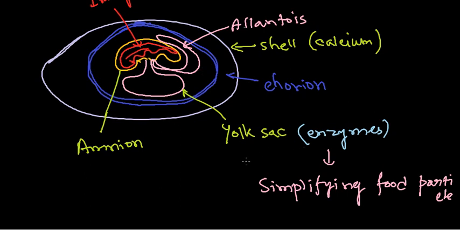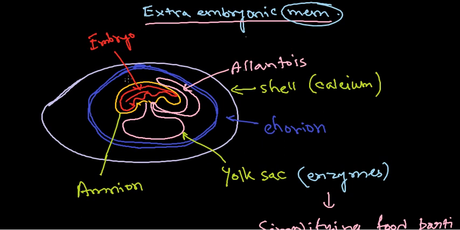Now the second region is the amnion, right? Amnion is another sac filled with fluid. Inside this amnion, this embryo floats, that you can see here easily. So it's a fluid filled cavity inside which the embryo floats. This fluid filled cavity protects the embryo from day to day damages, because this egg is placed in the nest and incubation is going on.